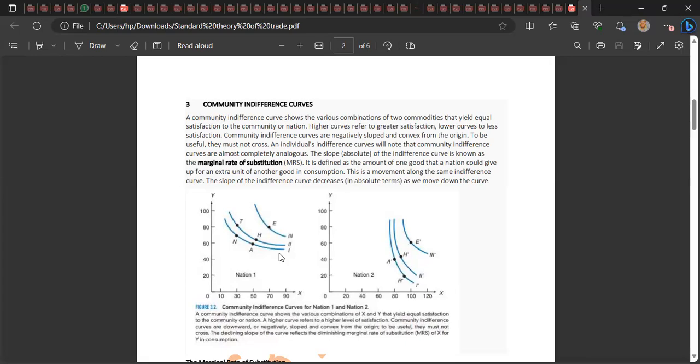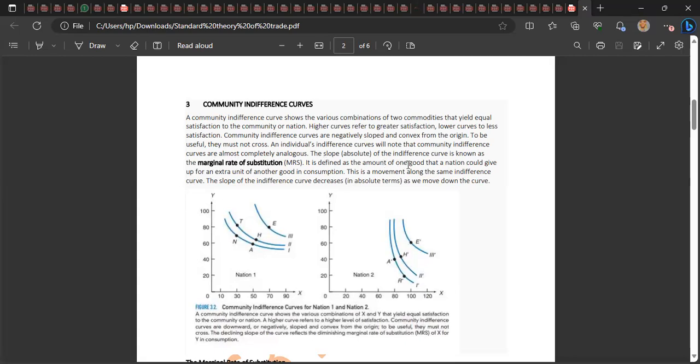This is what we are demanding, or what we want to have, what can satisfy a country or a community.